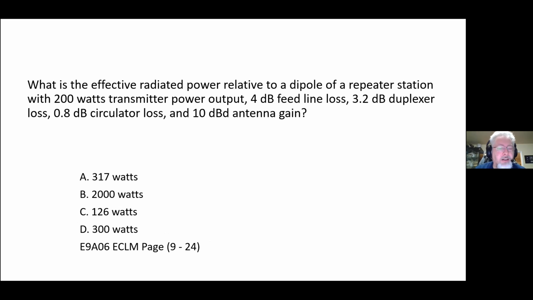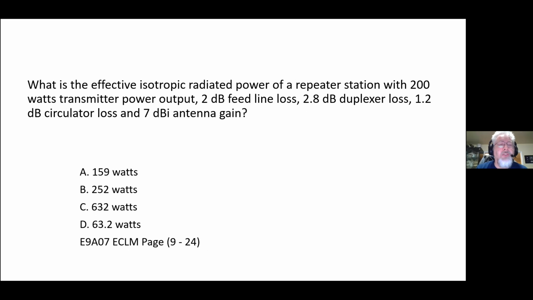A, 317 watts. B, 2000 watts. C, 126 watts. Or D, 300 watts. Alpha is correct, 317 watts.